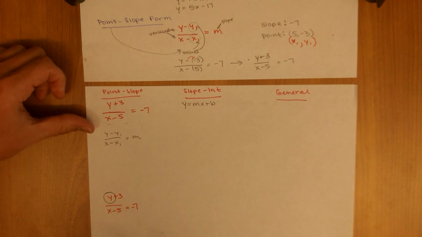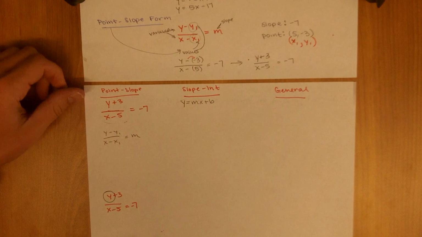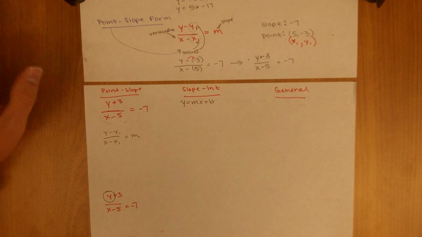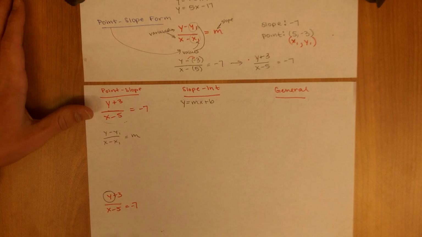Now we typically work with the things that are furthest away from what we want by itself. We want y by itself. The things furthest away from it on this same side of the equation are the x and the -5. That's being divided. We see the division bar, so we do the opposite, which is multiplication.